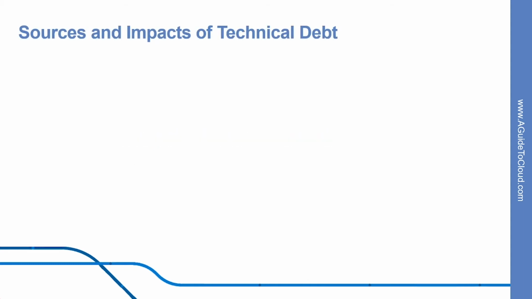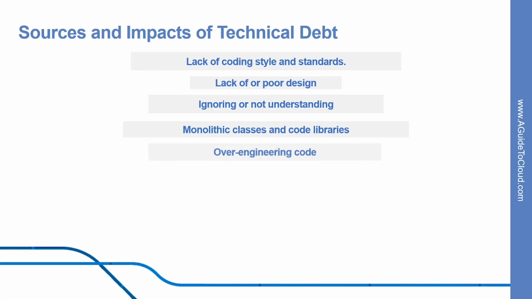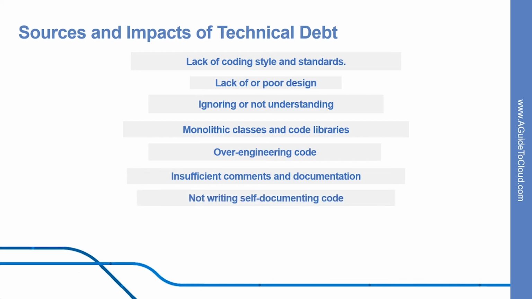So let's look at some of the sources and impacts of technical debt. First one is lack of coding style and standards, poor design for unit test cases, ignoring or not understanding object oriented design principles, monolithic classes and code libraries, over engineering code, insufficient comments and documentation, not writing self documenting code, taking shortcuts to meet deadlines, and leaving dead code in place.